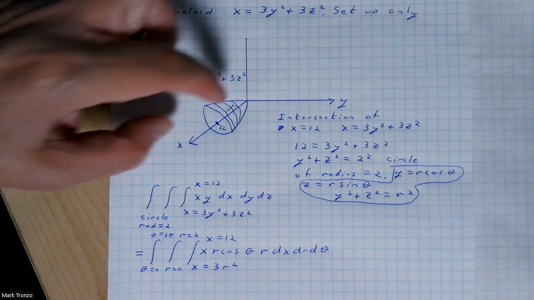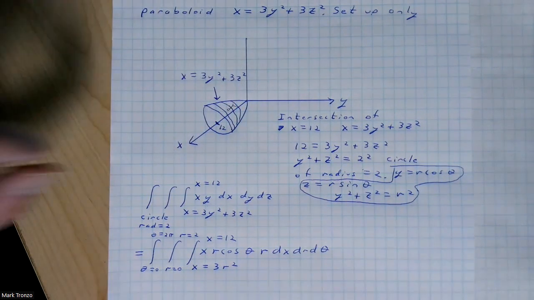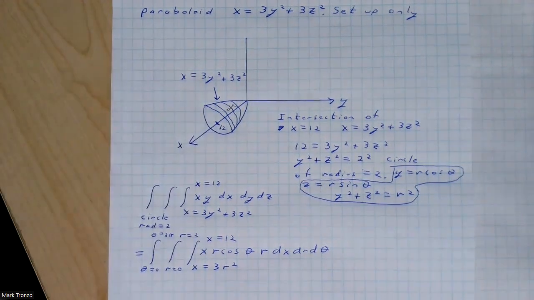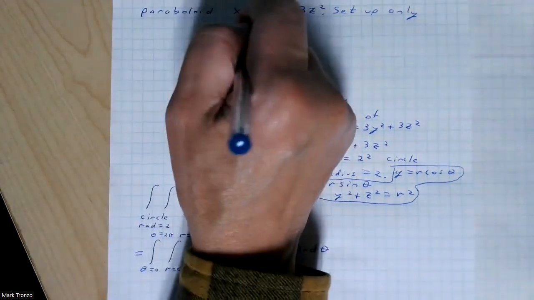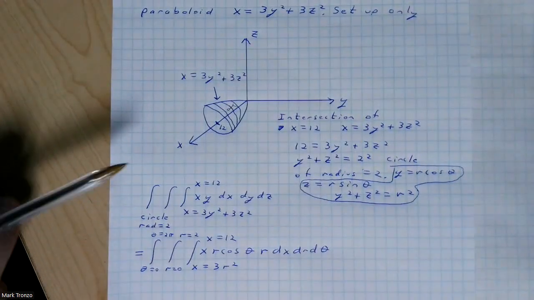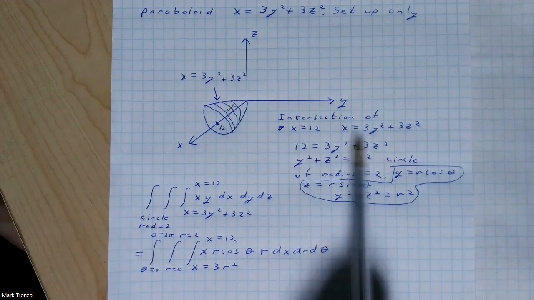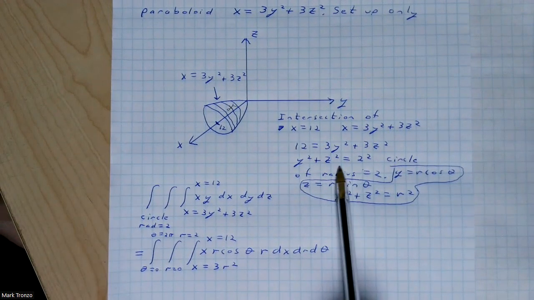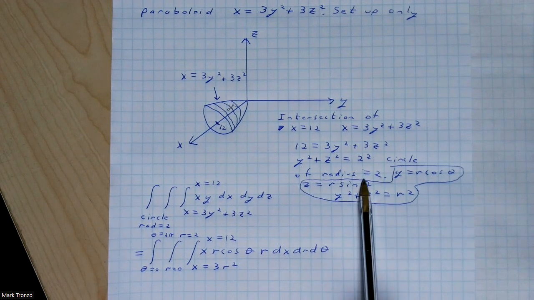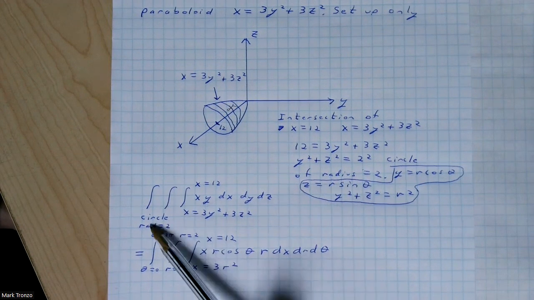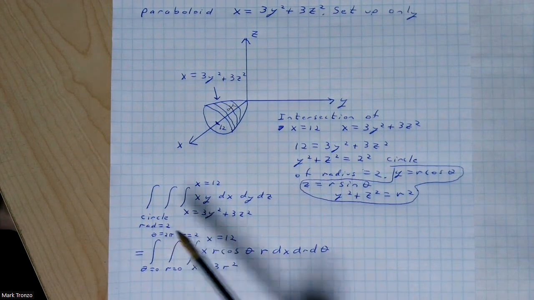And then once you finish x, you have to think, what are the values of y and z over which I want to integrate? So you have to take the intersection of the plane and the paraboloid, and you end up getting a circle of radius 2. And so the last two integrals will be over a circle of radius 2.